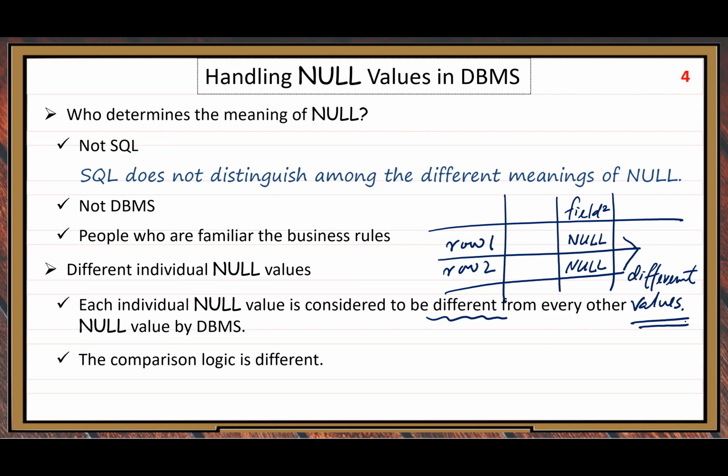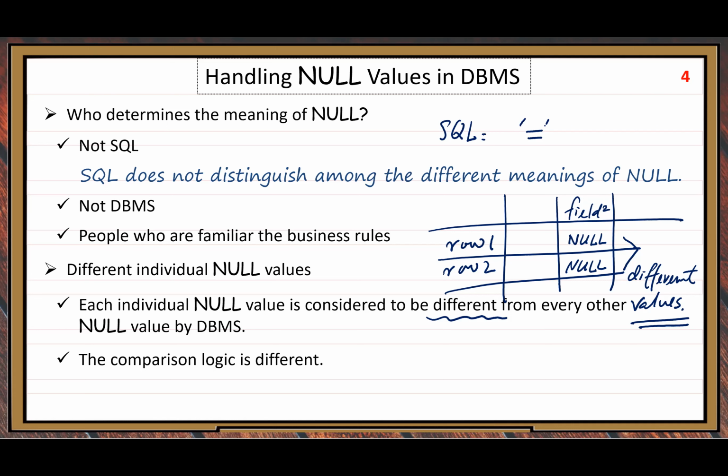The comparison logic is different. Let's think about this. In SQL, when you do an equal value comparison, you use a single equal sign, not a double equal.